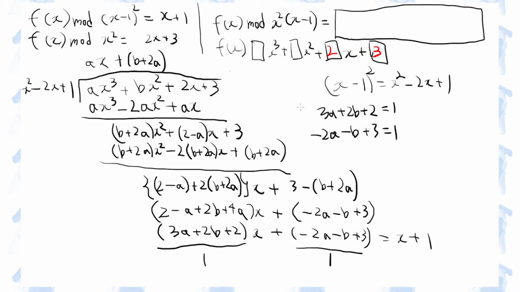And we can solve these equations simultaneously. 3a plus b is minus 1, and minus 2a minus b is minus 2.